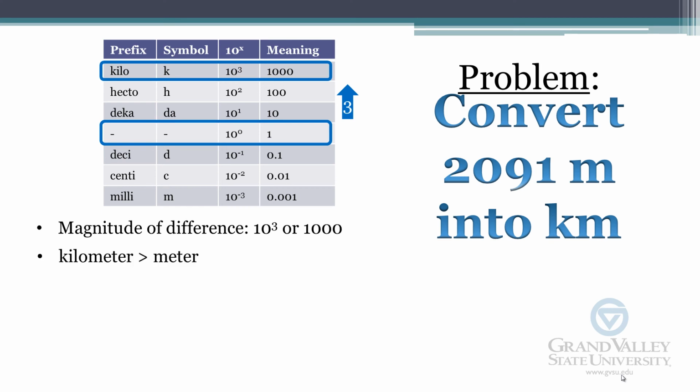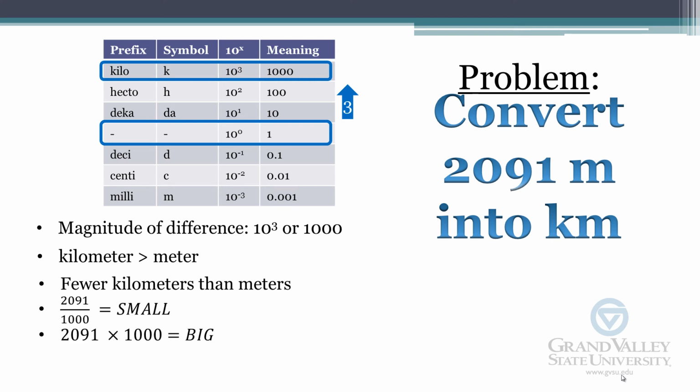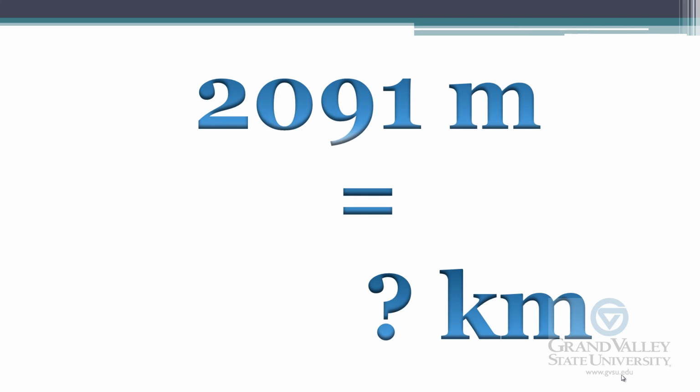A kilometer is bigger than a meter, so that means that there should be fewer kilometers than meters. To make the number smaller, you divide rather than multiply by 10 to the third. This can easily be done in one's head by simply moving the decimal 3 spaces to the left, giving us 2.091 kilometers.